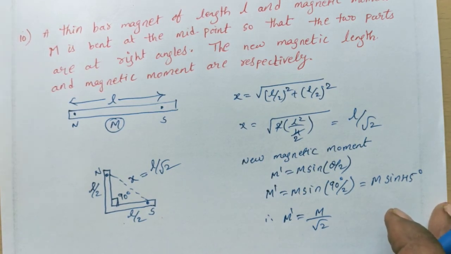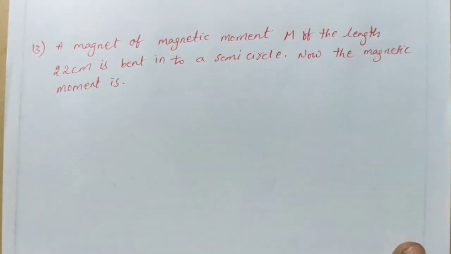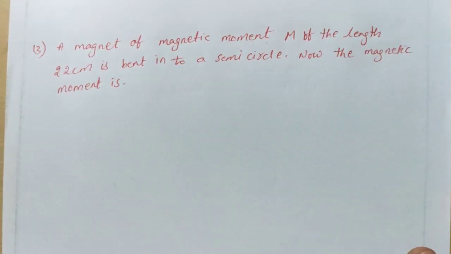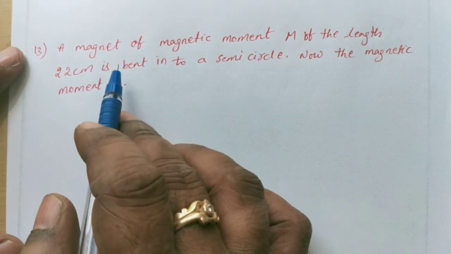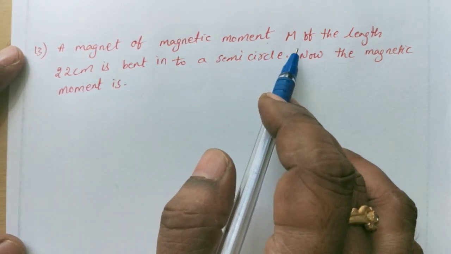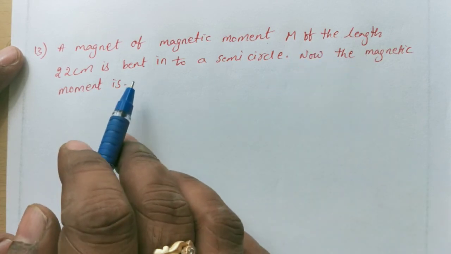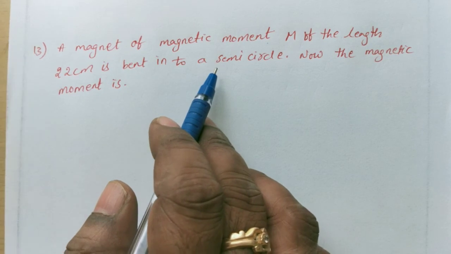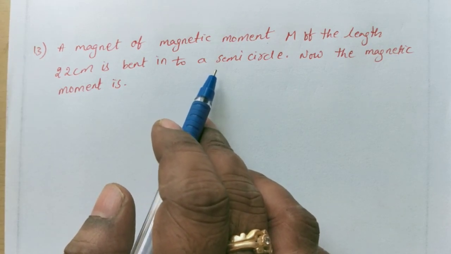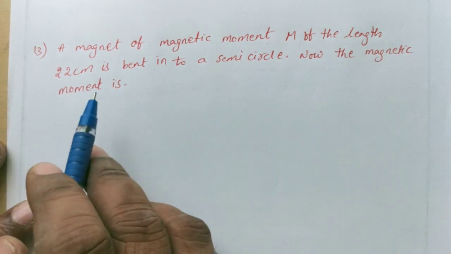Okay students, listen, this is one more problem. I am ready to solve this problem, so listen carefully. A magnet of magnetic moment m and length 22 centimeters is given. It is bent into a semicircle. Now we need the new magnetic moment.